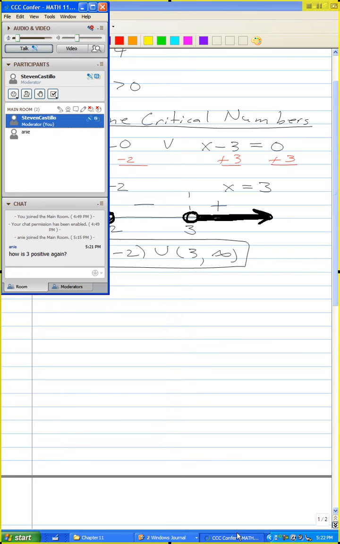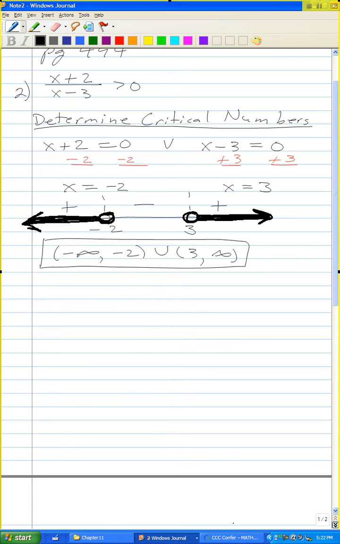How's 3 positive again? You take a number greater than 3, let's say 4. The sign of x plus 2 at 4 is positive. x minus 3 is also positive at 4. Positive divided by positive is positive.